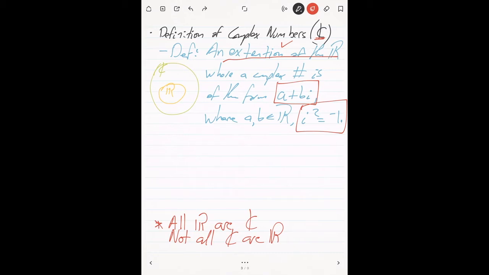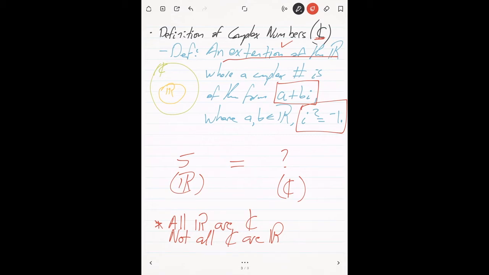So we need to think to ourselves, okay, if I have a real number, it is also complex. So let's pick the number 5, for example. This is very clearly a real number. It's on the number line. How can I write 5 so that I can also say it's a complex number?